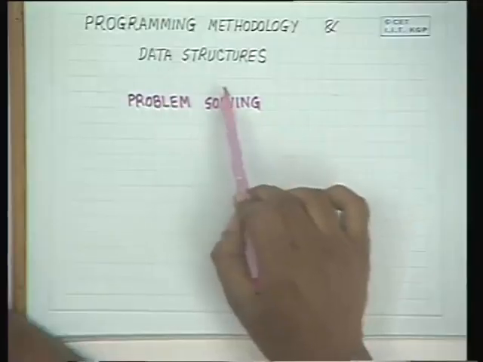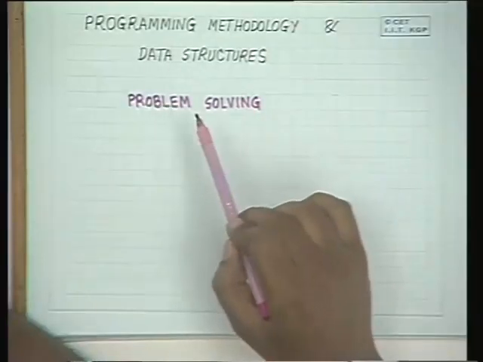If we had technology which could understand natural language itself, then we would not require this series of tasks of programming, or the concept of programming methodology and data structures would have been automated already.